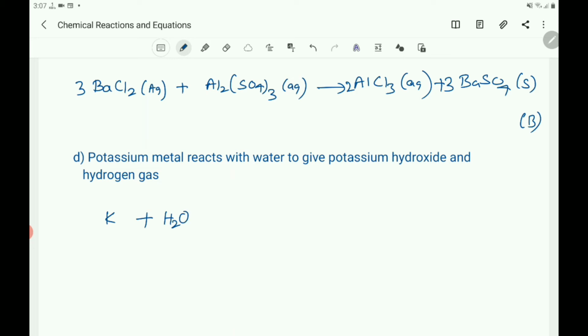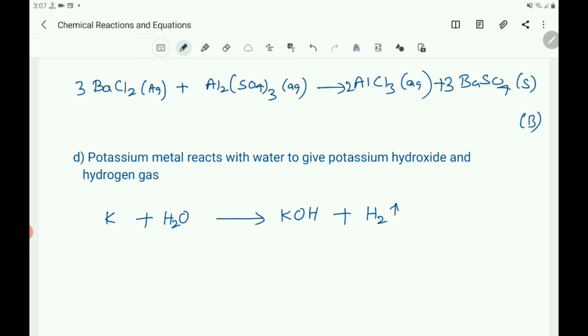Molecular formula of water is H2O. These two react to give potassium hydroxide. What is the molecular formula of potassium hydroxide? KOH plus hydrogen gas. Molecular formula of hydrogen is H2. So it is a gas.